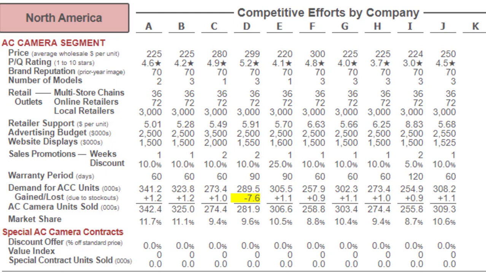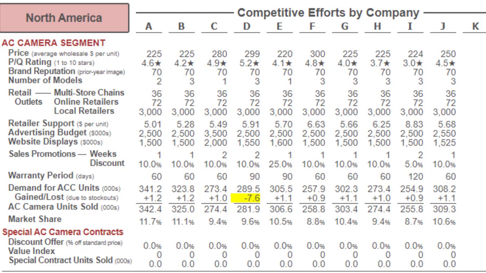So I'm quickly glancing at this, and if I was you, I'm trying to get data, and so I'm looking. Okay, the average is 247. So I have company C at 280, company F at 300, company I is at 224, and let's see where some of these companies might be going wrong.